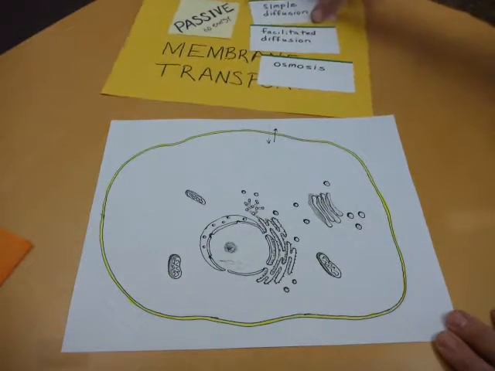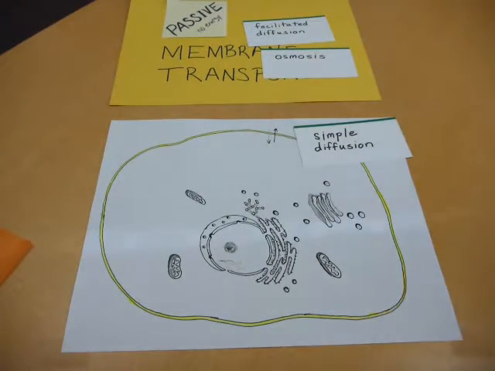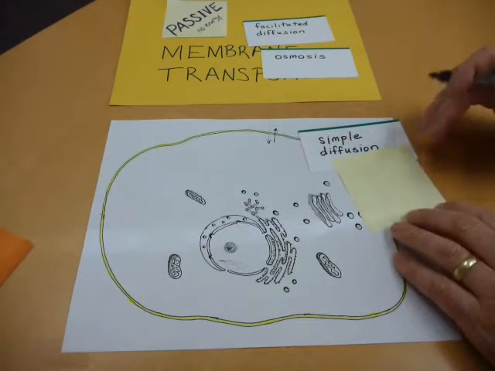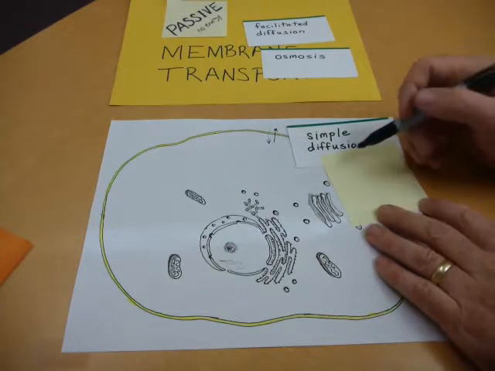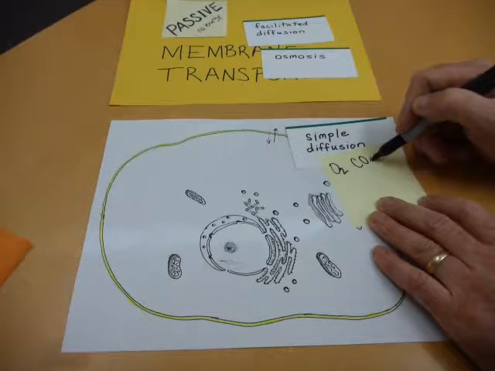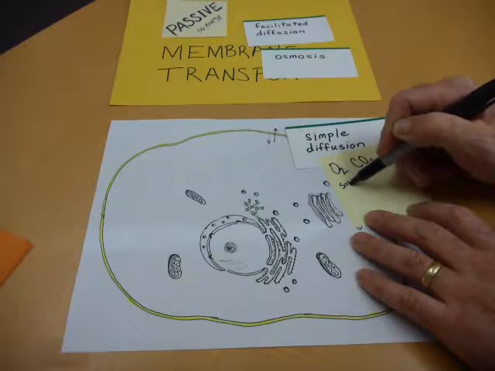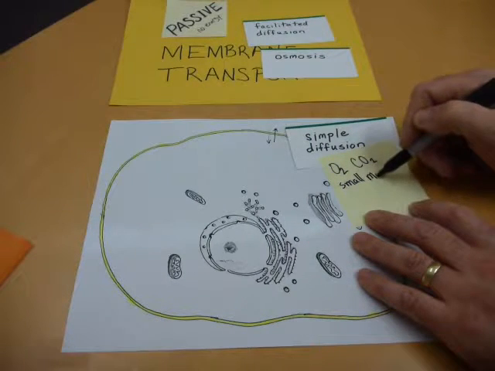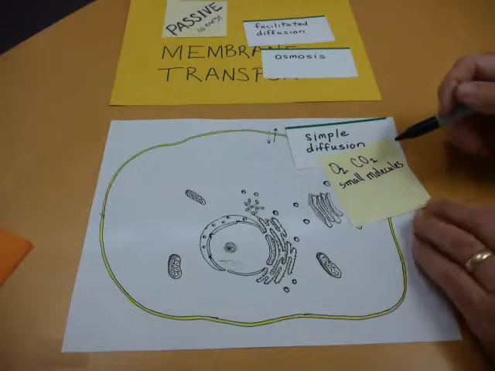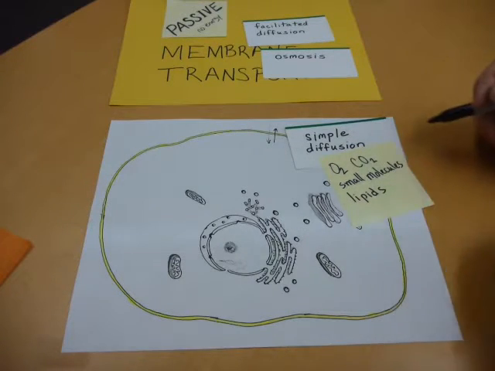So let's first take the case of simple diffusion. In the case of simple diffusion, the membrane is not a barrier. What sort of things can move freely in and out? To make a short list, there's oxygen, there's carbon dioxide, there are small molecules like ethanol that could move in and out, and lipids.